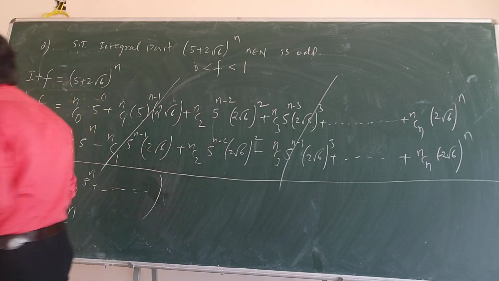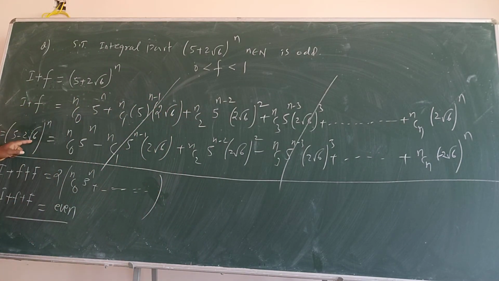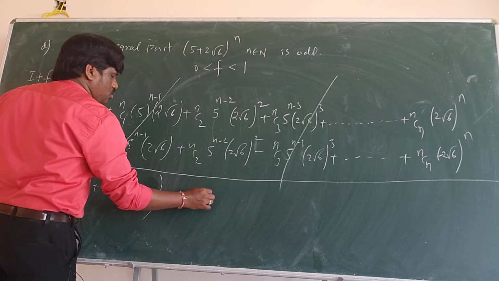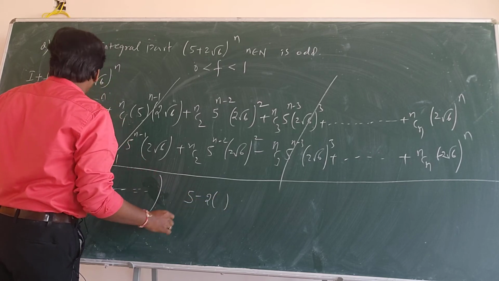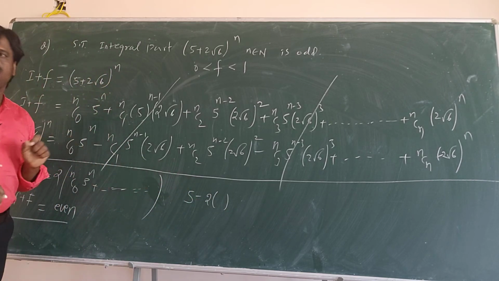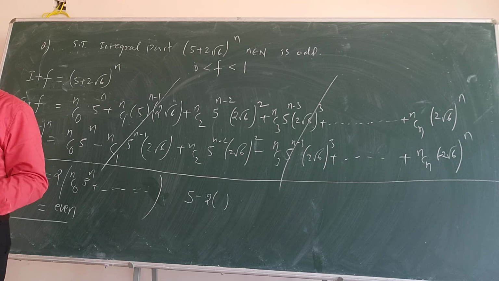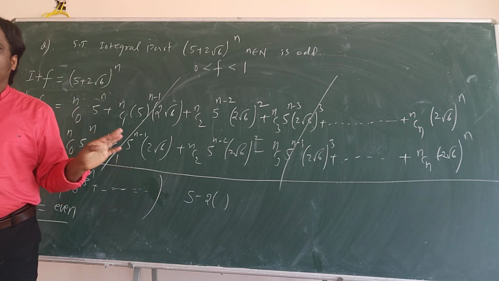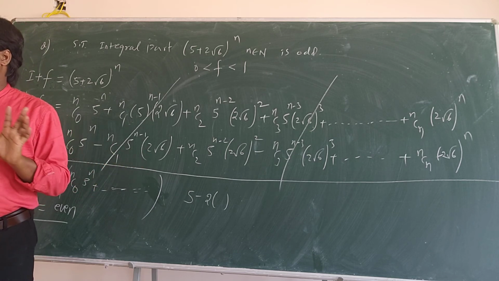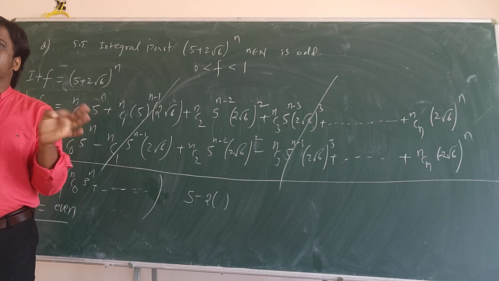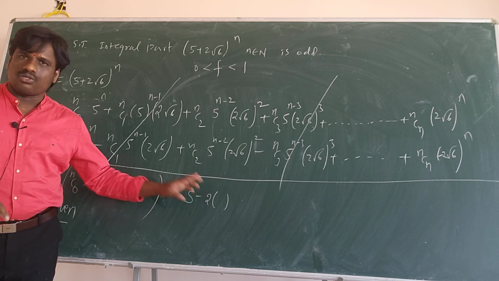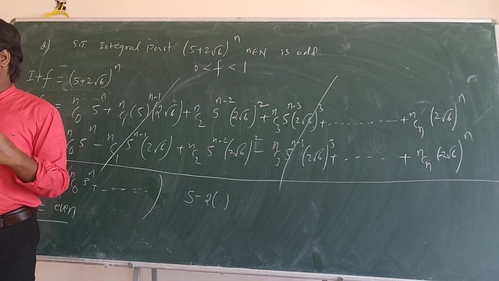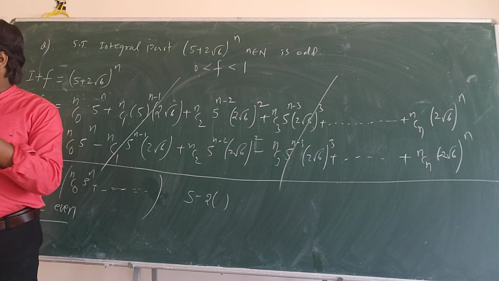How do we check? This is 5 minus 2 root 6, so 5 minus 2 into root 6; you have to check the value of root 6, which is 2 point something, into 2 is 4 point something. 5 minus 4 point something will be 0 point something, which means it also lies between 0 and 1. But don't expect it all the time to come 0 point something; sometimes, according to the question, it will change.